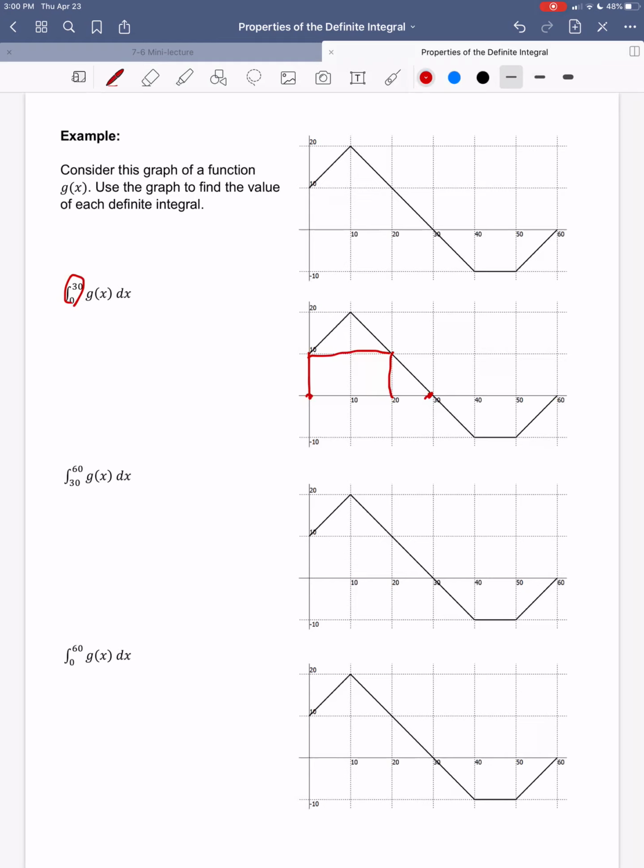Well, these are squares, so I'm going from 0 to 10 and 10 to 20 and up 10. So the area of a square is just length times width. 10 times 10 is 100. So those squares both have areas of 100. These are right triangles. I could do 1/2 base times height. That would be 1/2 times 10 times 10, right?